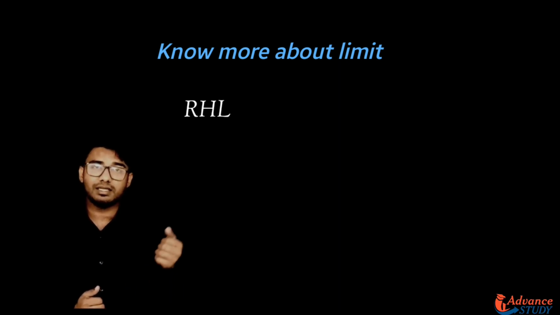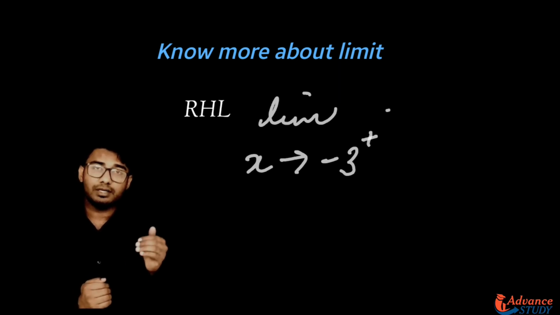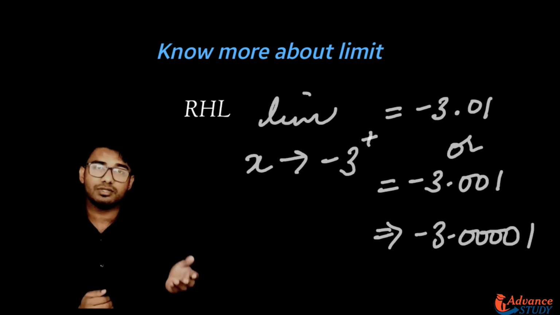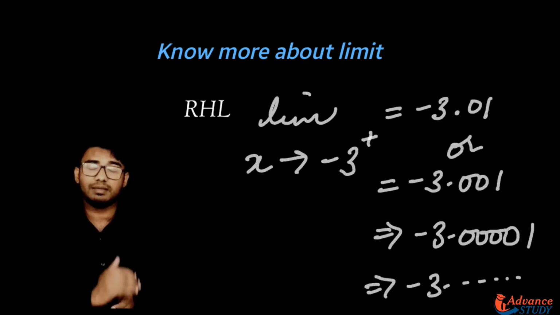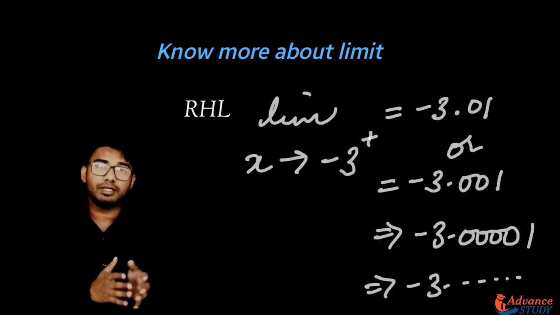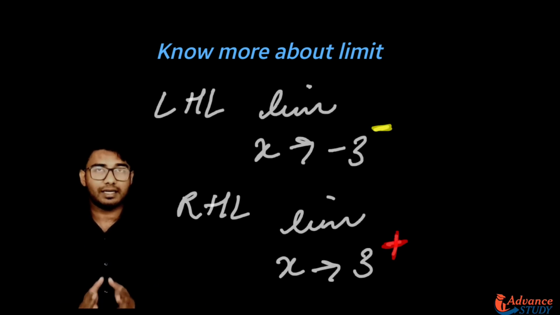And when we take the positive sign, it means the right hand limit, so the value will become 3.001. So this one is the correct limit of the right hand side. I hope you understand the difference between left hand limit and right hand limit.